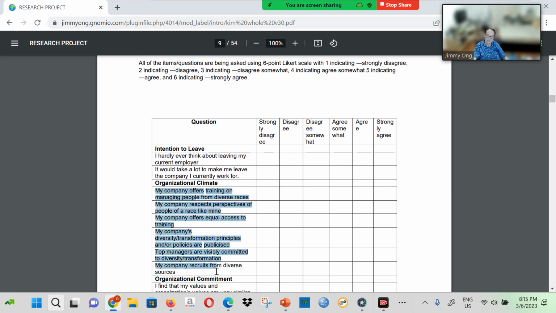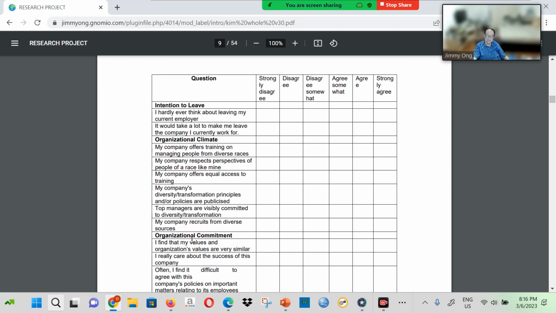Can you formulate this question to make it more specific? This is a lack of skill, right? So how do we know the issue on climate? He asked this question. My company recruits from the diversity source, so when your company recruits diversity, that means your company is actually supporting the diversity, right?